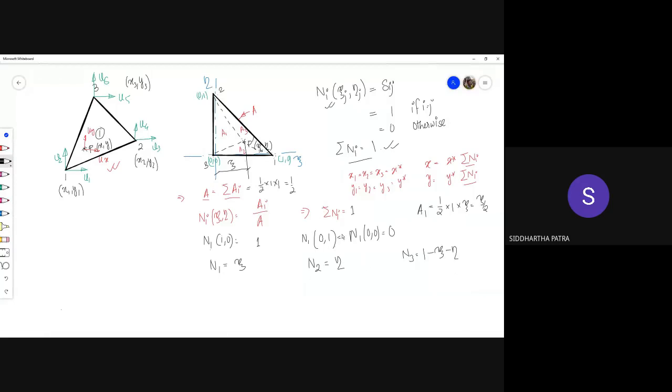If you check, they are satisfying everything from condition number 1. Now we'll proceed. We'll now proceed for calculating the strains.